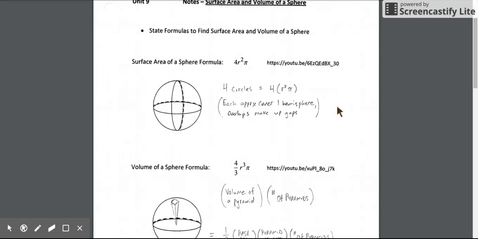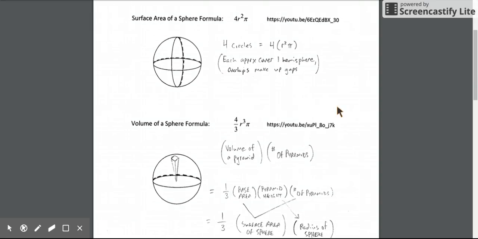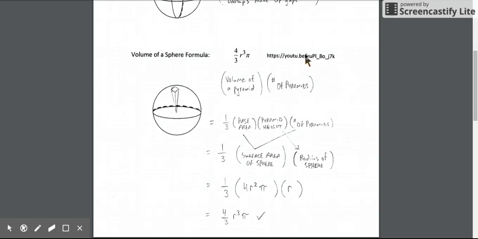To find the volume of a sphere, first we have to understand the surface area of a sphere. Once again, you could look at this YouTube link and they have some nice visuals to go along with this explanation, but what it basically boils down to is that a sphere can be made up of an infinite amount of pyramids.